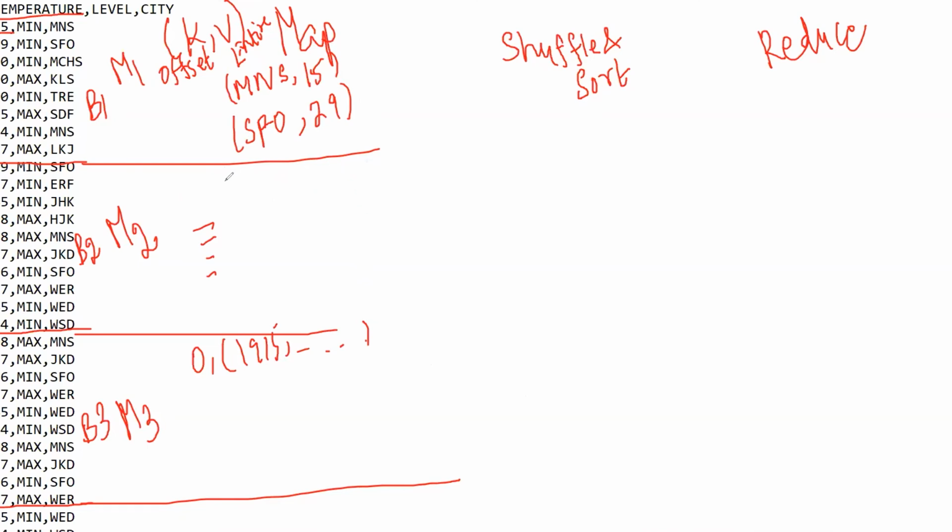But after I read it, based on my use case, I have to convert my input into an output pattern. So I'm converting SFO into 13. Similarly, this one also I will convert like MNS 78.